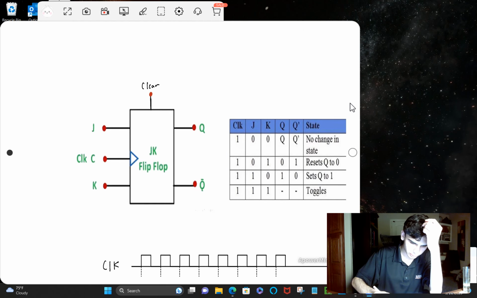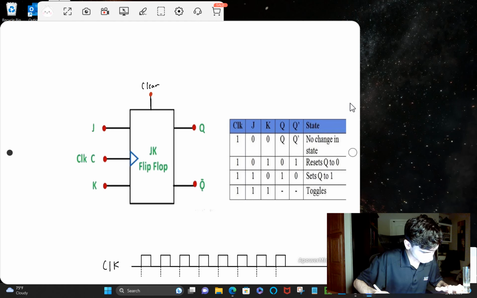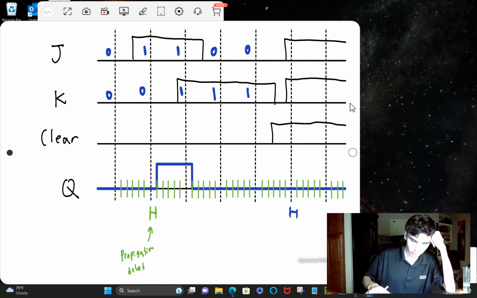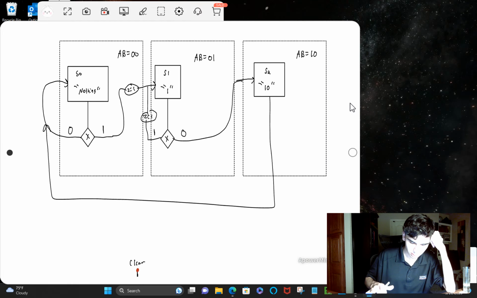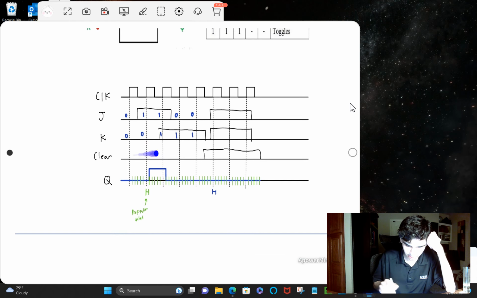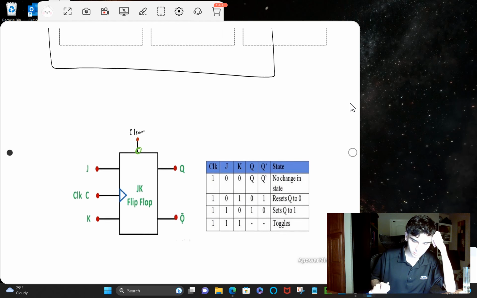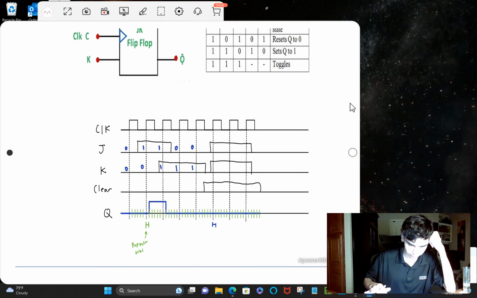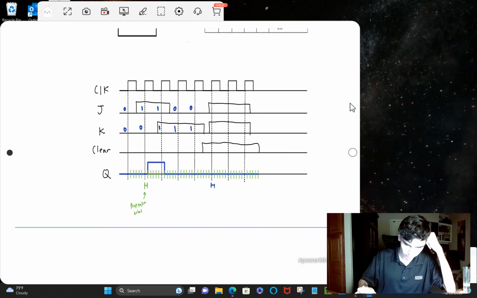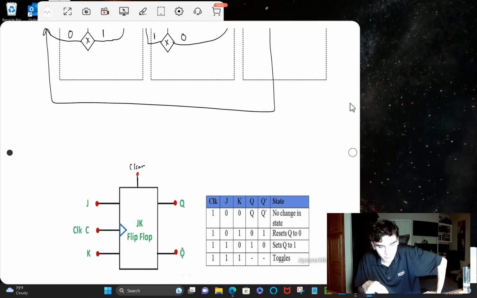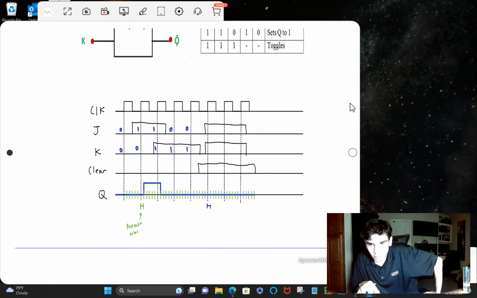And also one thing to look out for is, on your test, if there's a bubble here, well then that means that clear is going to be active during this entire time instead of this time if there's a bubble there. Because that means it clears when it's low. So yeah. And there's that.